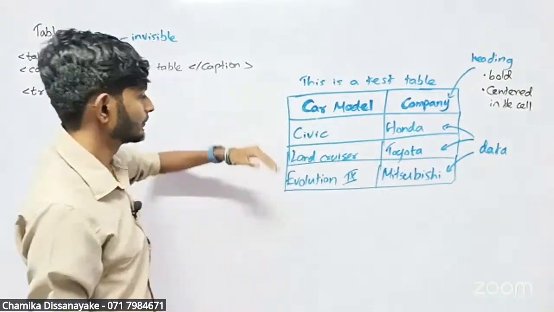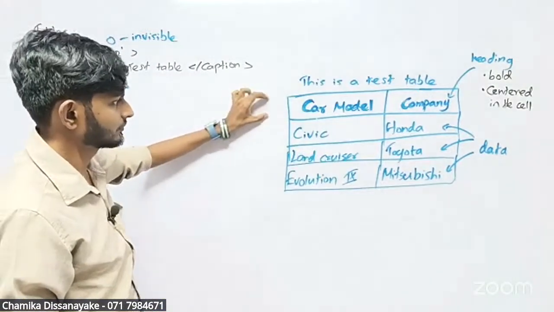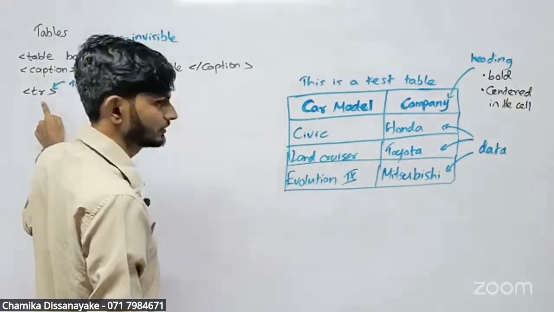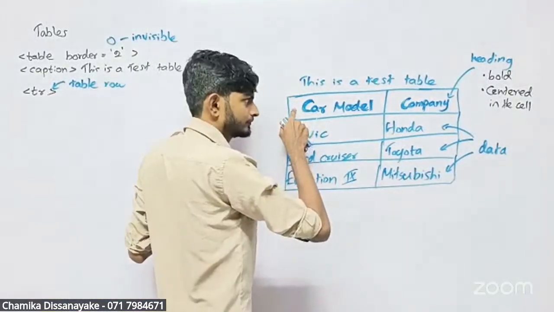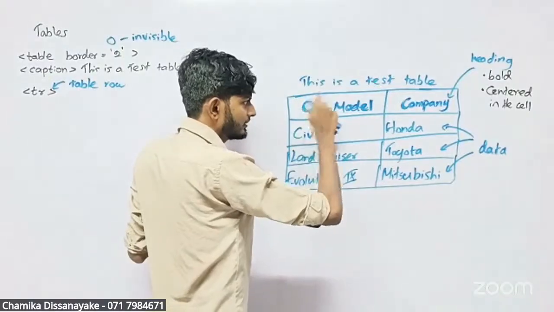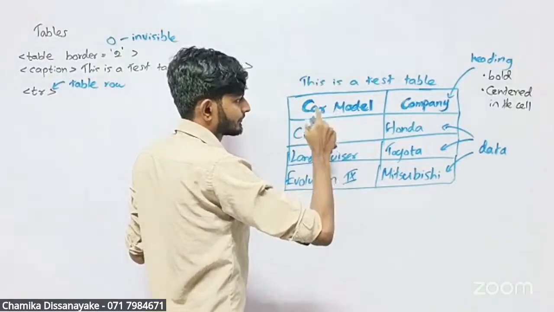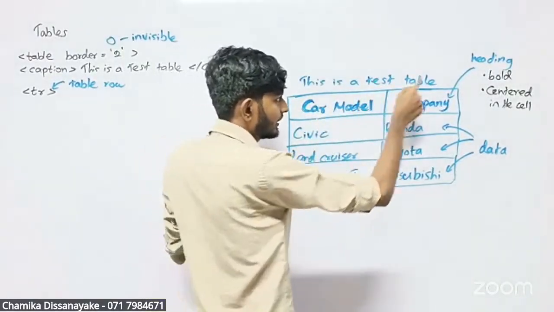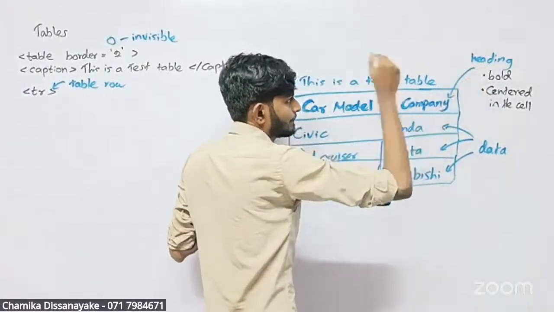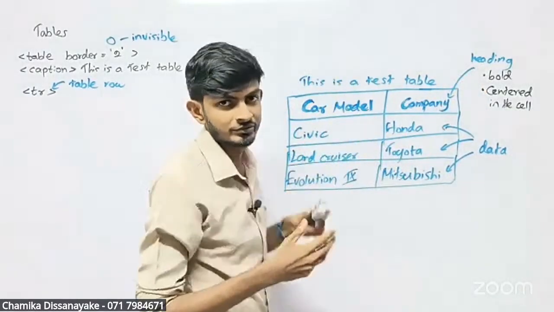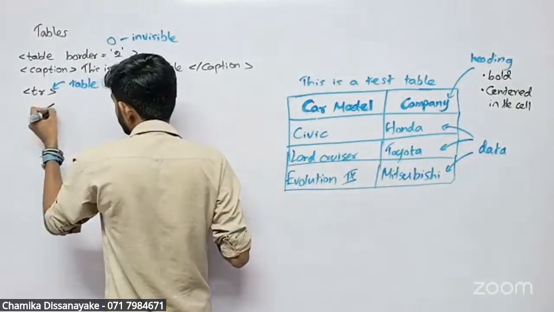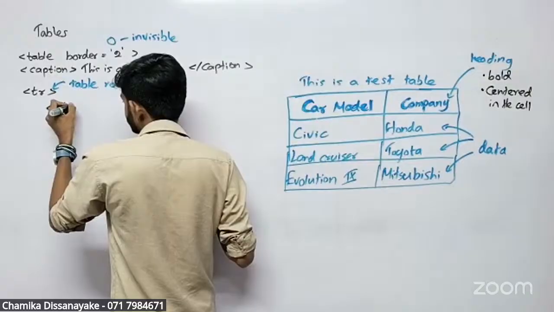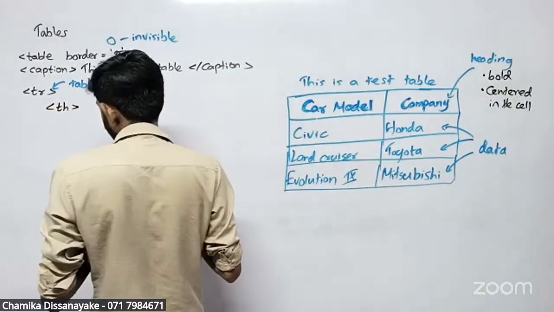Right. So first of all, we have created this first row. As you can see here, the first TR means the first row. Then we have to create this cell. So I told you this is a heading cell. So in that case, we are going to include a table heading, TH.